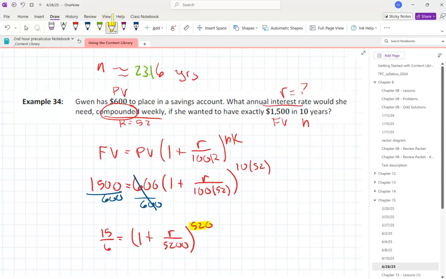To get the R by itself, I need to get rid of that power of 520. How do I do that? Well, it's going to cancel out an exponent, not an exponent base. I'm going to need to use a radical. What should the index for that radical be? It should be 520, the same as the exponent.